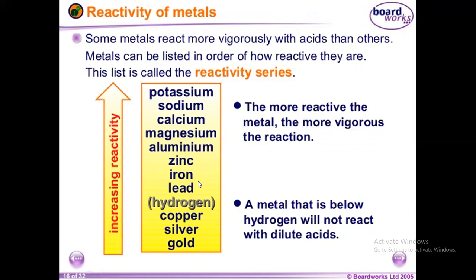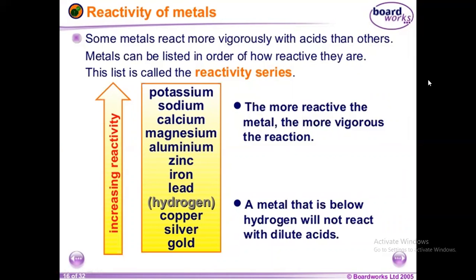Clear? So the least reactive metals are placed at the bottom of the reactivity series. As you see in this slide, gold is placed at the bottom of the reactivity series because it is an unreactive metal, right? It is unreactive at all.